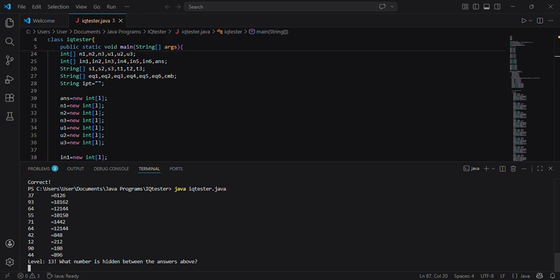4 4s are 16. 16 4s are 64. 2 2s are 4. 4 to the 8, 4 to the 4. Let's check if it is wrong or right.